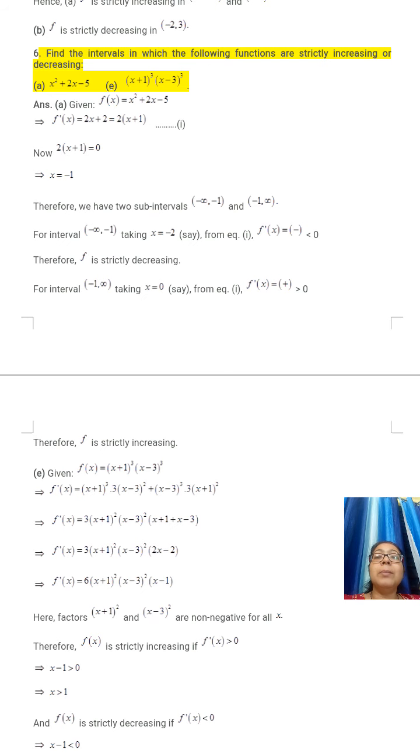Now the next one, -1 to plus infinity. In this interval, if we consider the point x = 0, then f'(x) is coming plus 2, that means greater than 0. So f is strictly increasing in the interval -1 to plus infinity.